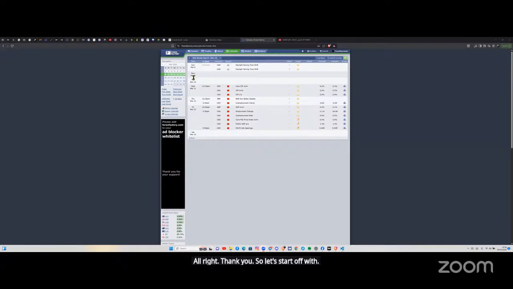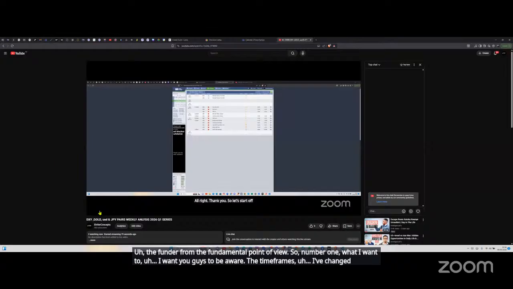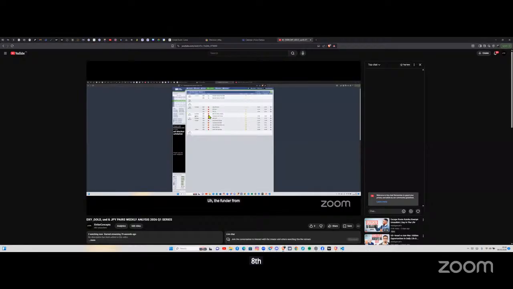So let's start off from the fundamental point of view. Number one, what I want you guys to be aware of is that the time frames have changed. From the 8th, there's what we call DST.